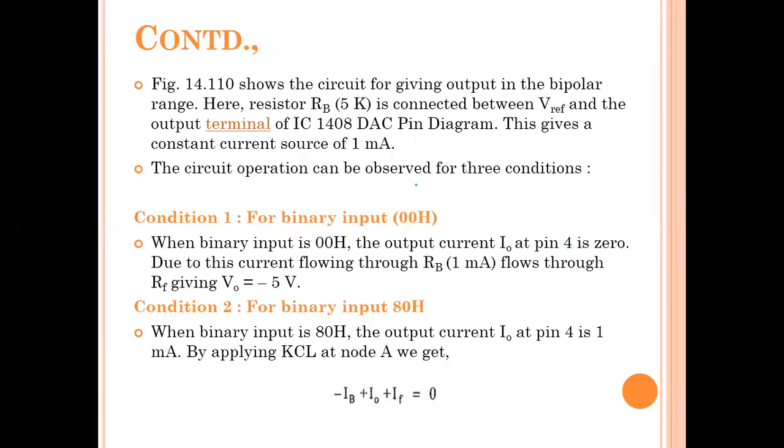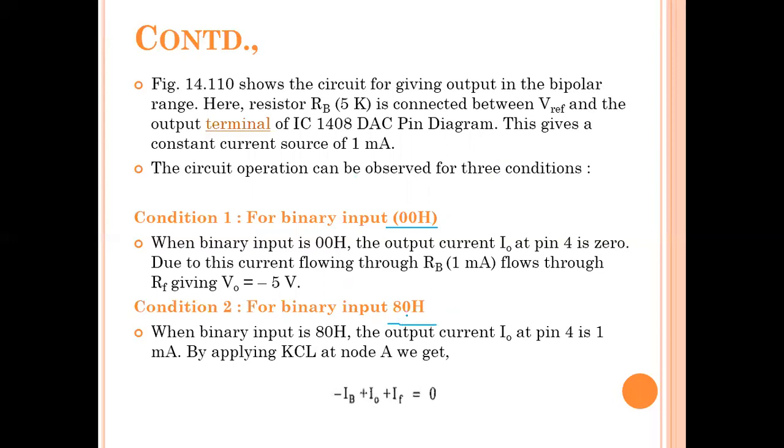Next, it is shown what the current and voltage values will be for the minimum, that is for 00H. That means it is the starting initial value of the binary data or input signal we are applying, and here we can consider a middle one.